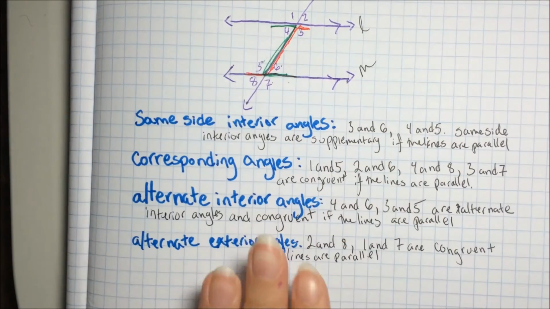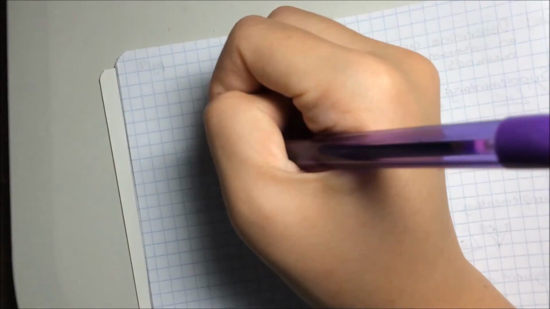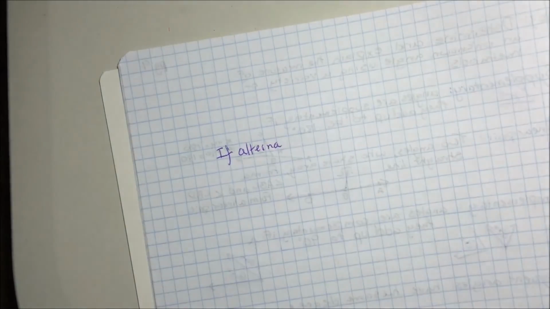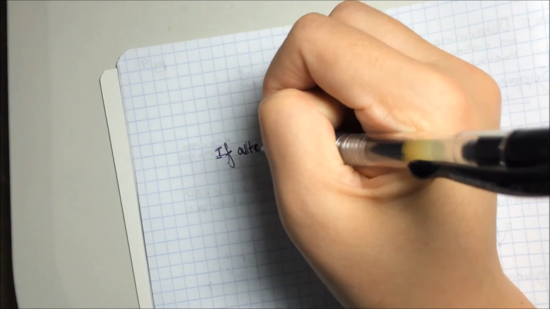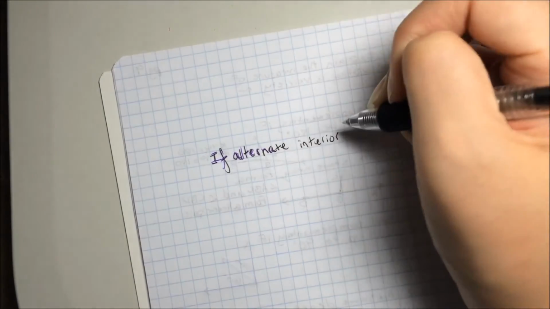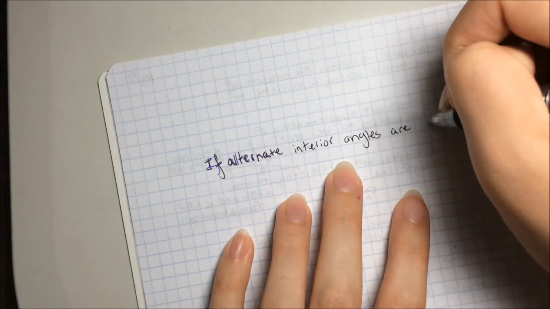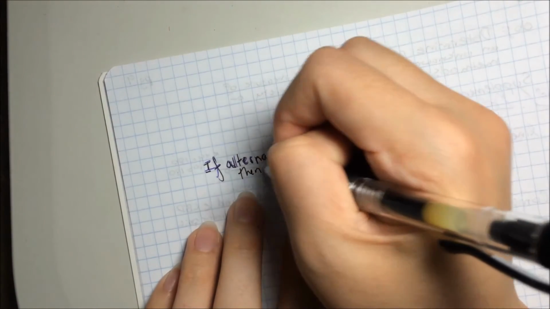So while this is all true if the lines are parallel, we can kind of go backwards with this as well. And we can say, and I'm going to do this on page 12, we can say if alternate interior angles are congruent, then the lines are parallel.